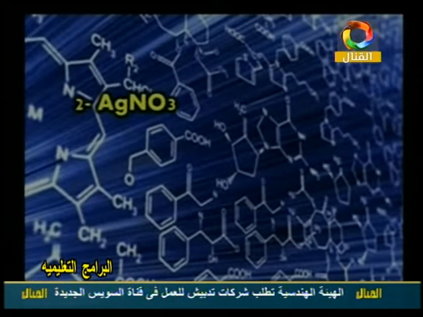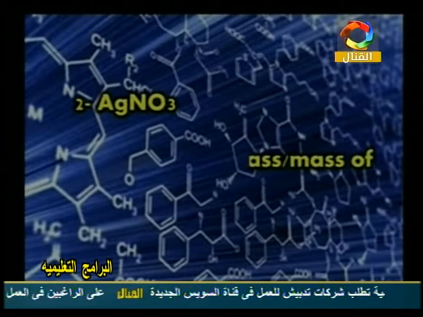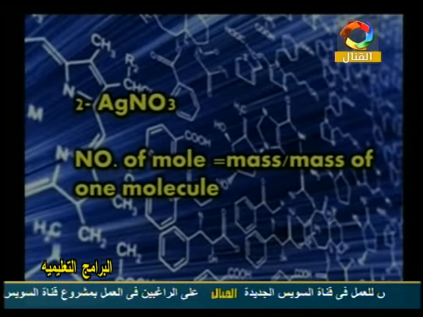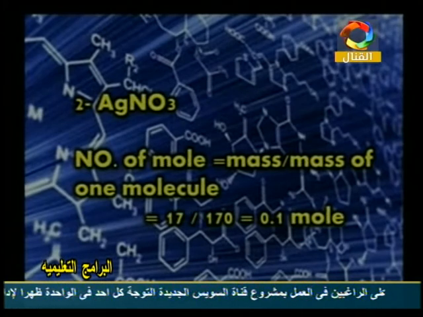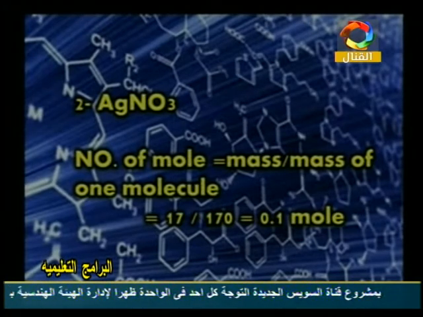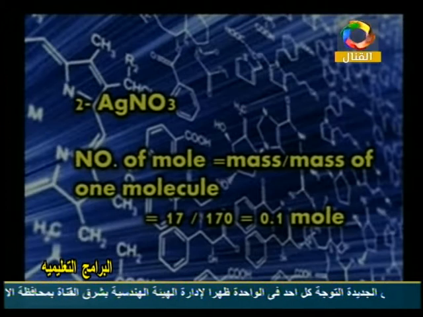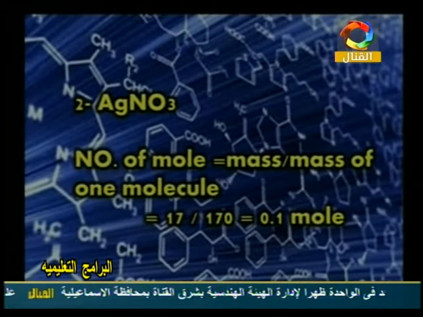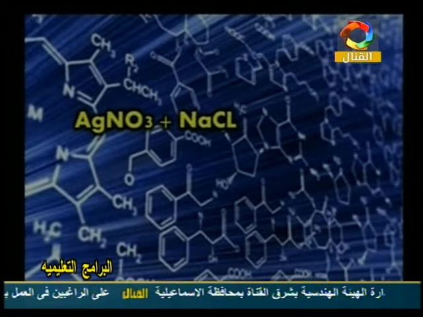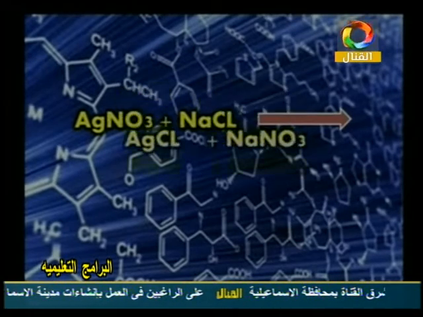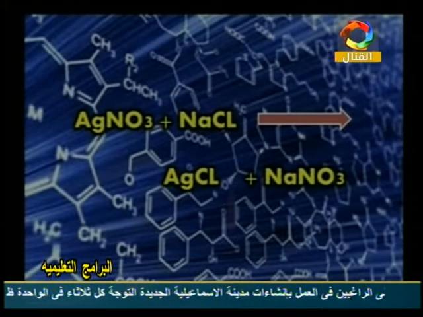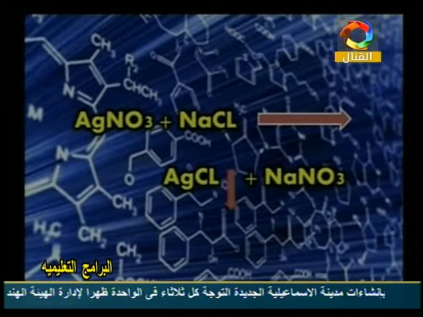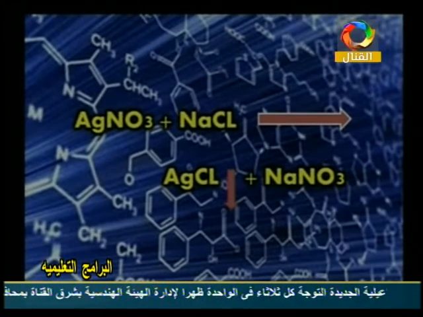What about AgNO3? By the same steps, the number of moles equals mass per mass of 1 mole, 17 per 170 equals 0.1 mole. Easy and wonderful. Catch this. AgNO3 plus NaCl will be AgCl plus NaNO3. Now, don't forget, AgCl is what? Precipitated.